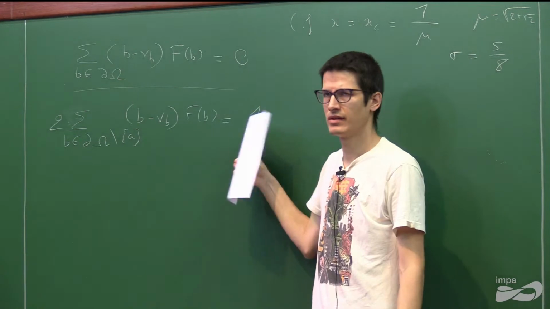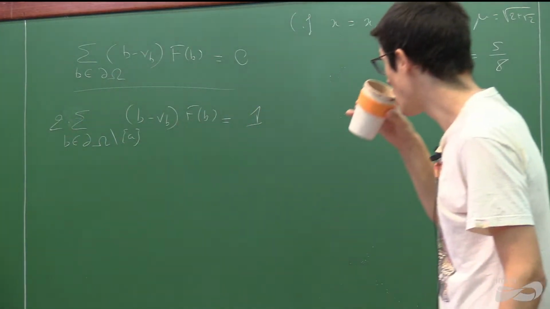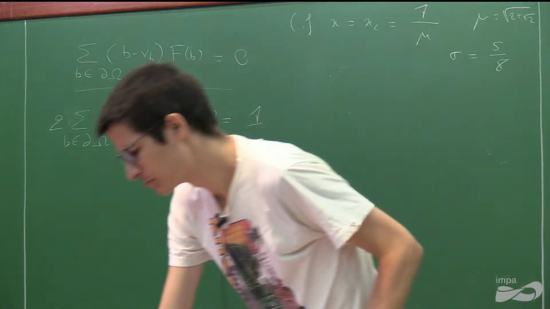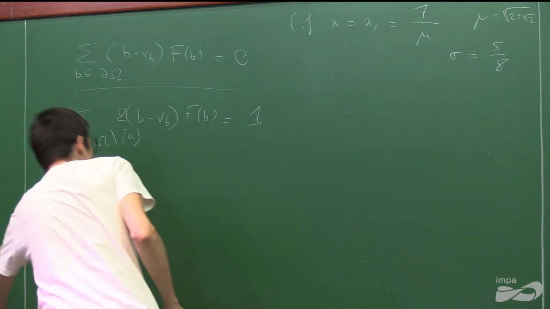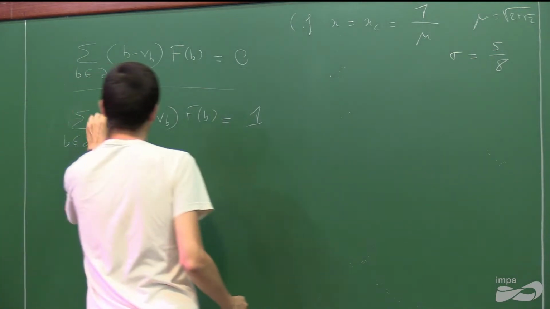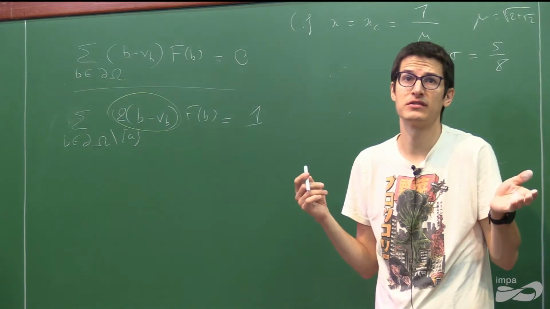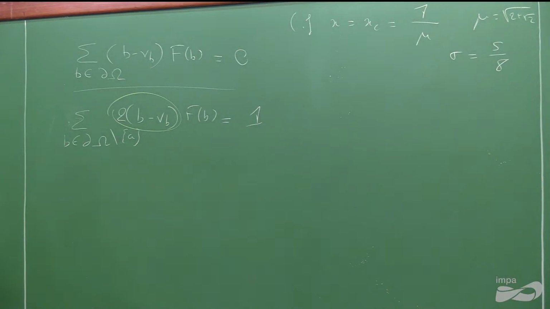So if you put it there, this is what you get. And maybe I will put the 2 inside because this here is a complex number of modulus 1. The length of the half-edge is 1/2. So, any question about this?